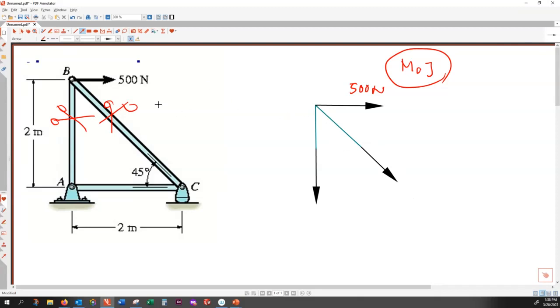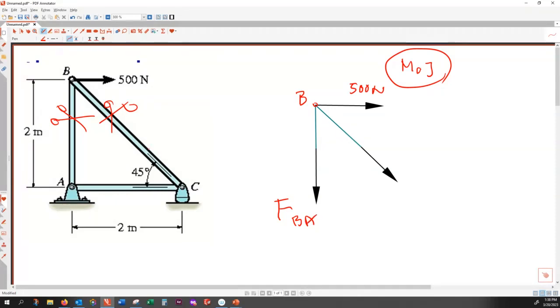All right. How do I label them? The labeling of the forces is very important when you are solving a truss structure. You label the nodes, and the forces are labeled by the letters going from the beginning to the end. So when I cut BA, I go from B to A, so I call this FBA.